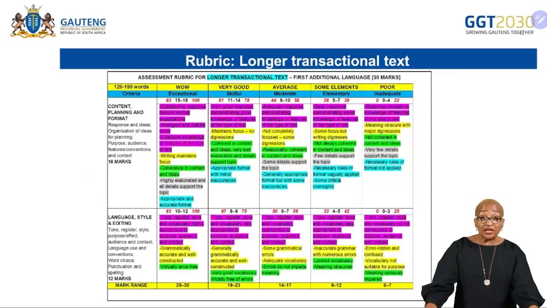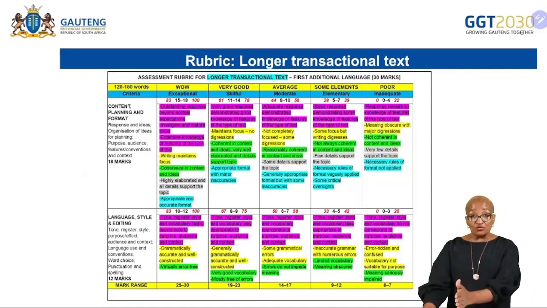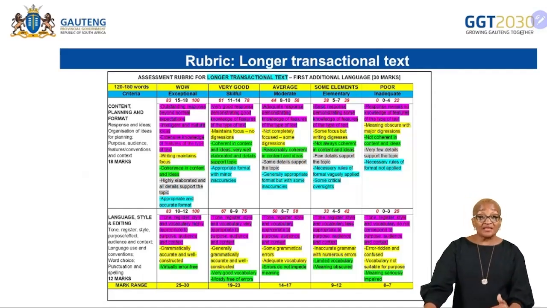And in each and every category, we have descriptors. We've got the exceptional category. We also have the very good category. We have the average category, as well as the elementary and the inadequate category. In each of those categories, we do have descriptors that inform the category.